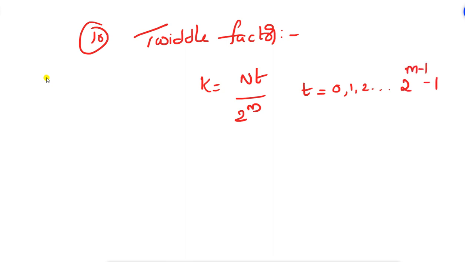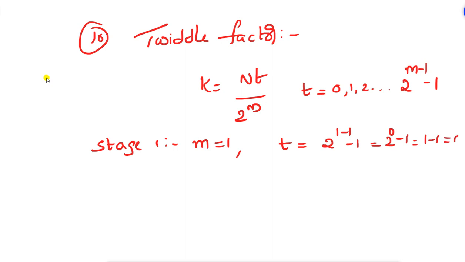We need to find the twiddle factor for each and every stage. In stage 1, we need to find the value of t first. In stage 1, the stage index value is 1, so the t value is 2 power 1 minus 1, minus 1, that is 2 power 0 minus 1, that is 1 minus 1, that is equal to 0. That means it has t value only 0.